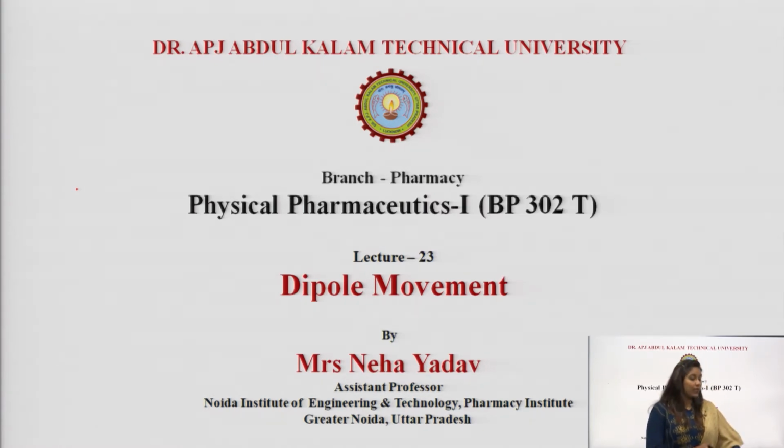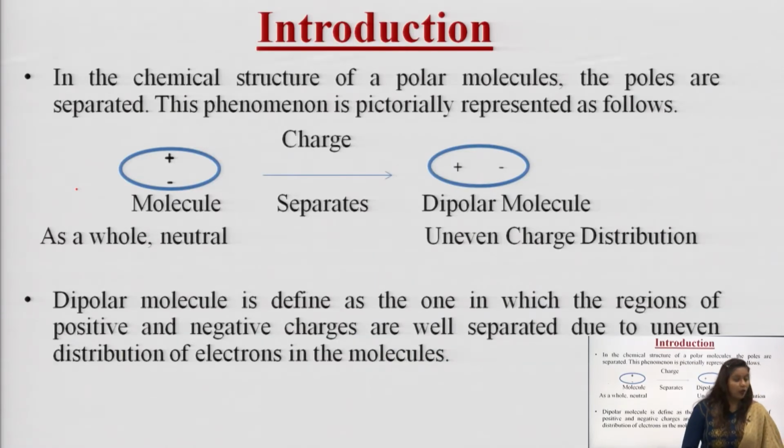So, with this I would like to move forward with the introduction of our dipole moment. In the chemical structure of a polar molecule, the poles are separated. The phenomenon is pictorially represented as follows.